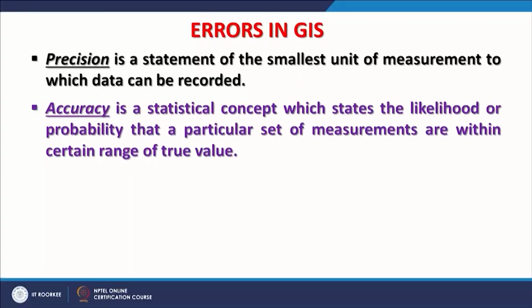And another term is accuracy, which people many times take synonymously, which is completely wrong, because these two terms are completely different. Accuracy is a statistical concept. Basically, it states the likelihood or probability that a particular set of measurements is within a certain range of the true value. If you recall your schooling days, and especially the physics experiments, our teachers used to say, do this experiment 5 times, then take an average.